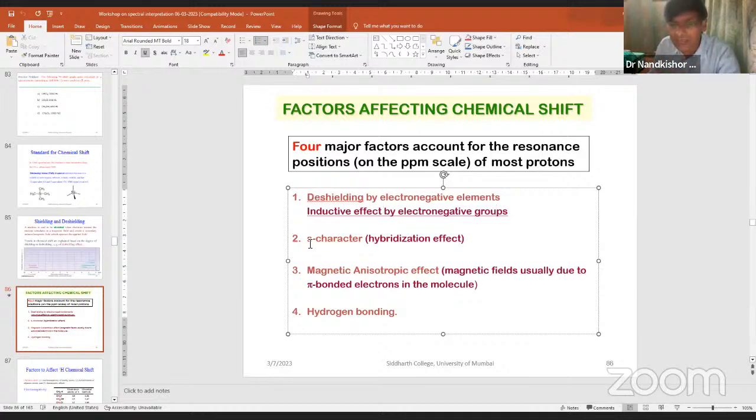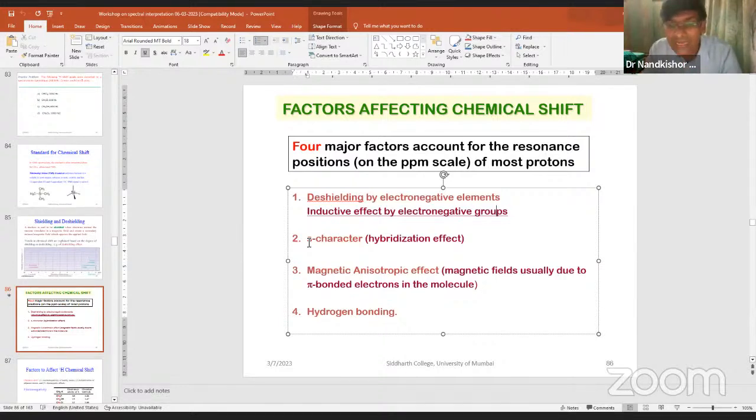Hybridization. Let's take the example of S character: sp2 hybridized, sp3 hybridized, and sp hybridized will have different S character. The more the S character, the less the electronegativity, or the attraction of the electron towards the nucleus. So S character in the case of acetylenic, that is a triple bond containing compound, will be 50%.